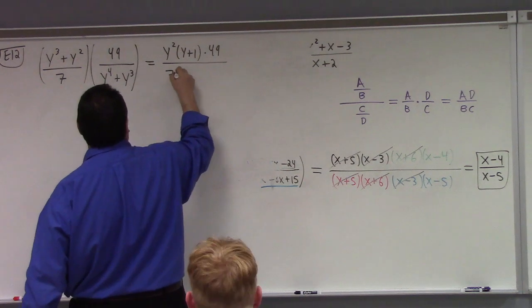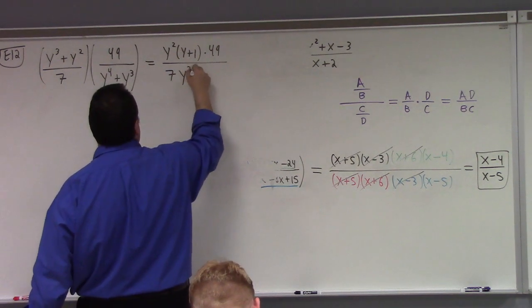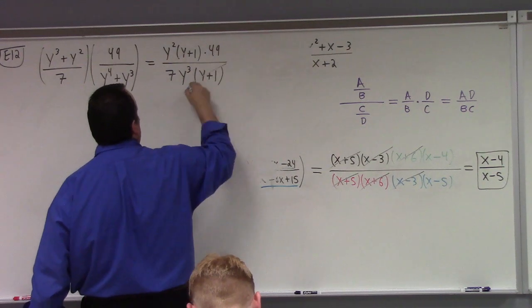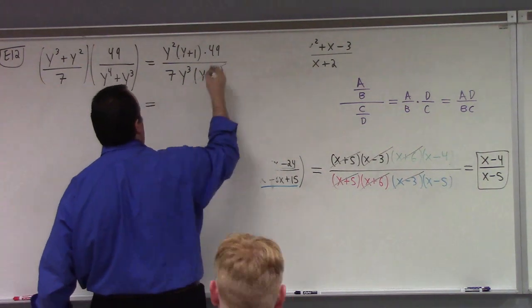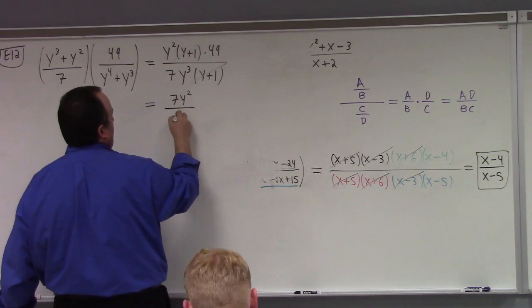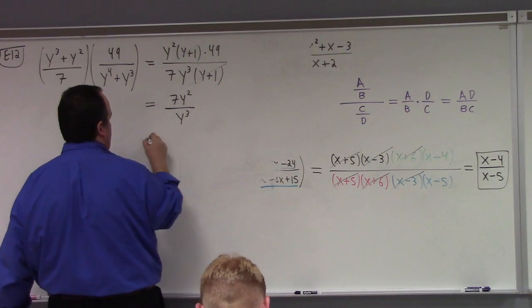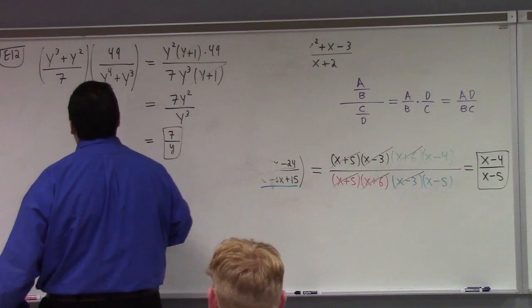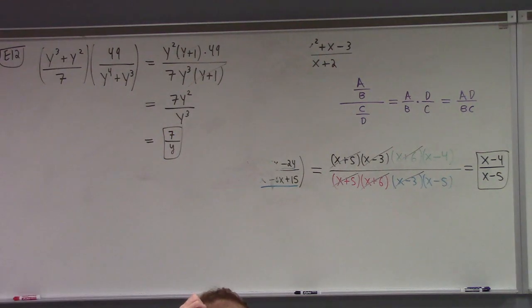Downstairs I've got a 7. I can factor out a y cubed down there: y plus 1. And once I've done that, I can cancel. 49 over 7 is 7, so I get 7y squared over y cubed, which of course is 7 over y. I would point out that the problem we started with sure does not look like just 7 over y, right? I think it's an interesting simplification.